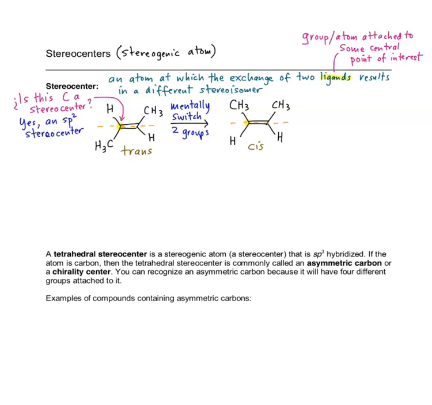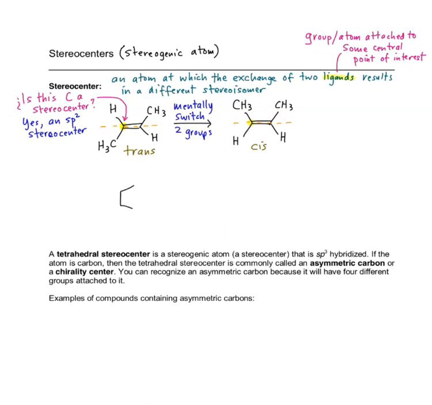Okay, let's try another one. This will be one involving a cyclohexane ring. So it's going to go back or refer back to what we did in packet 4 at the end. So here's a 1,4-dimethylcyclohexane. And what we're going to do is examine the carbon atom that I've highlighted to try to figure out if it's a stereocenter.